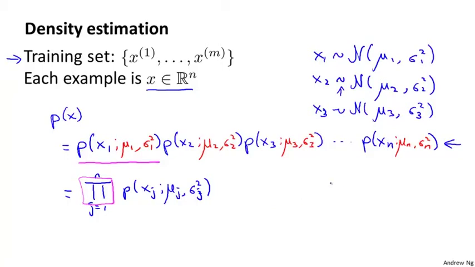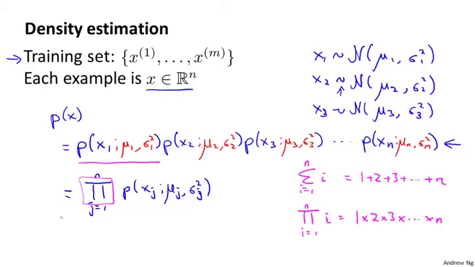And so, you're familiar with the summation notation. So if I write the sum from i equals 1 through n of i, this means 1 plus 2 plus 3 plus dot dot dot up to n. Whereas this product symbol, the product from i equals 1 through n of i, means that it's just like summation, except that we're now multiplying. So this becomes 1 times 2 times 3 times dot dot dot up to n.